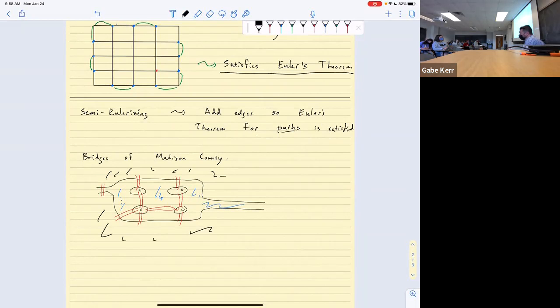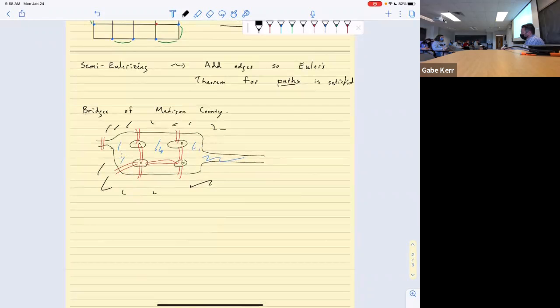You're a photographer and you want to take a picture of every bridge, but it costs $25 to cross a bridge, and you don't want to spend any more money than you have to. The only extra rule is that you want to start on one side of the river and end on the other, so you want to start over here and end here, or vice versa. That's the basic setup for this problem.